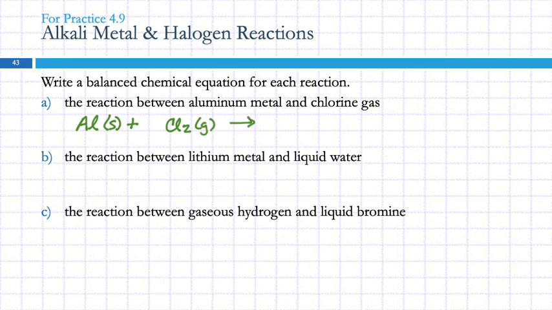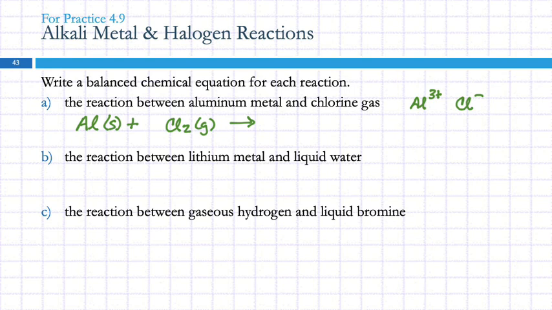So those are going to react, and what are they going to form? I don't know. Well, what are the ions? What charge does aluminum have? Close. +3. Groups 1A, 2A, 3A, zinc and silver. 1A, 1 plus. 2A, 2 plus. 3A, 3 plus. And then chloride is -1, right?